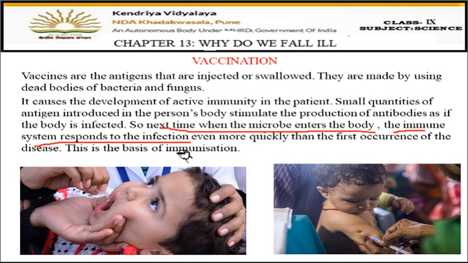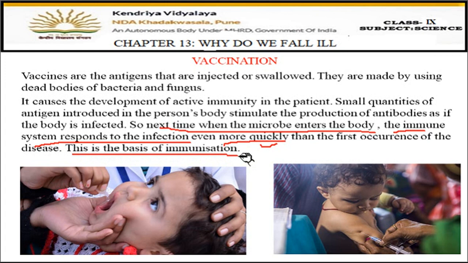The body will identify the germ more quickly, because once the dead ones have entered, the body will now identify the germ very quickly and start fighting it with the help of the antibodies. So this is the basis of immunization, the whole working or procedure of immunization.